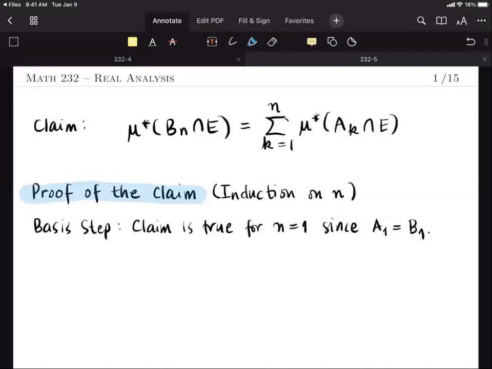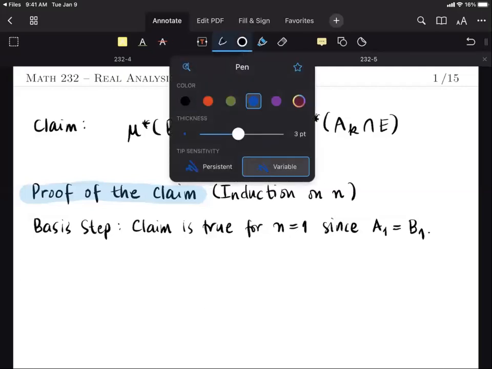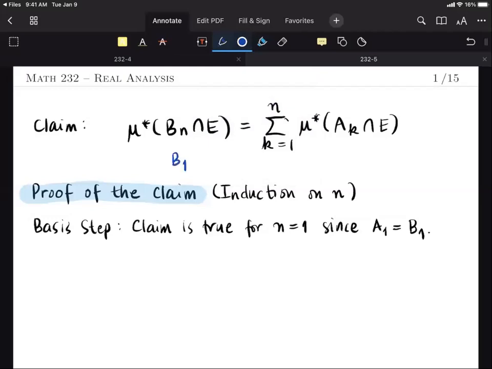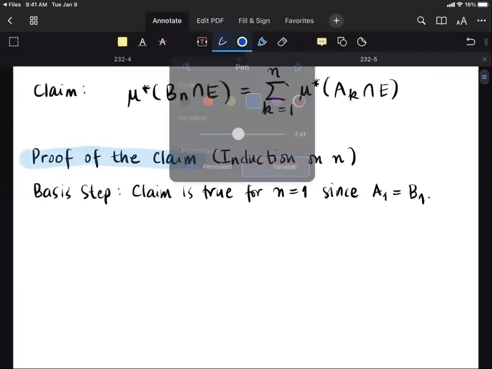And that's the claim. So if n is equal to 1, then the left-hand side would be simply B1 intersection E, and on the right-hand side, the only set that we consider is A1 intersection E. So the sum is simply one term. Since A1 is equal to B1, then the two coincide. So the basis step is trivial.